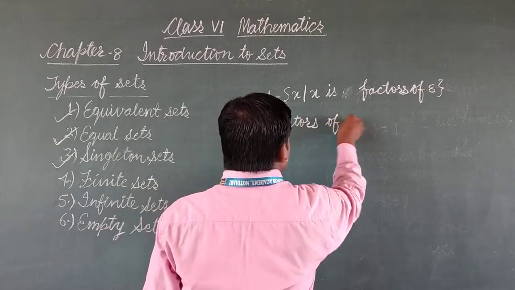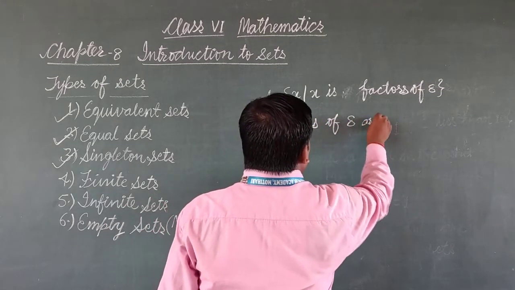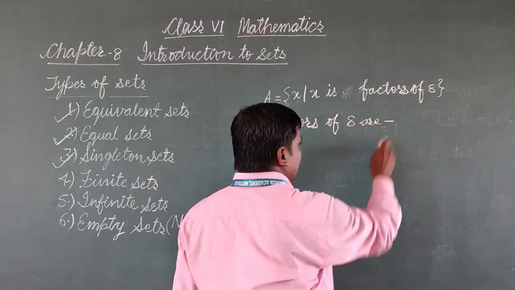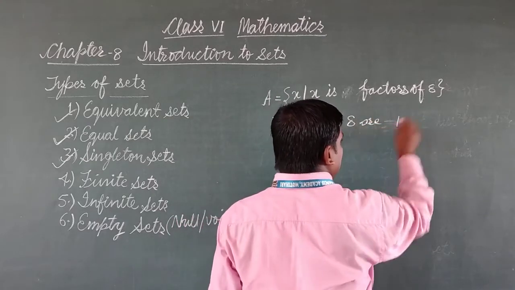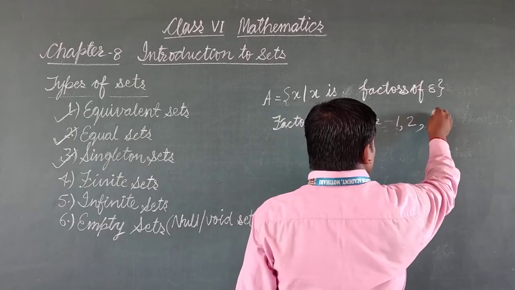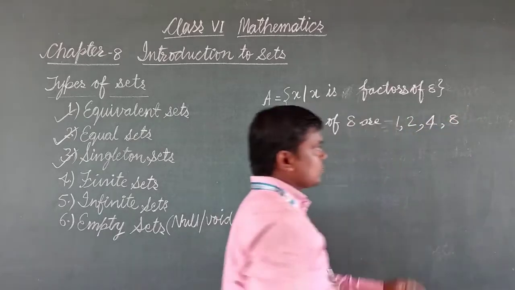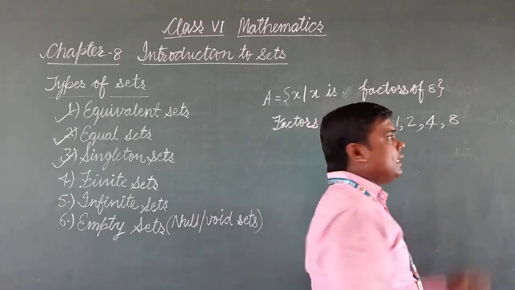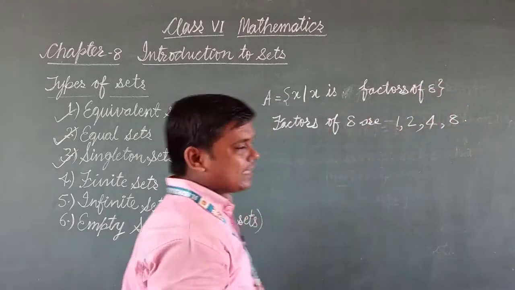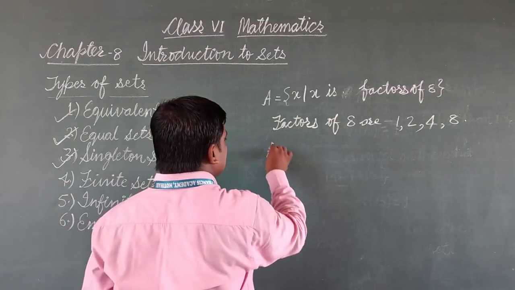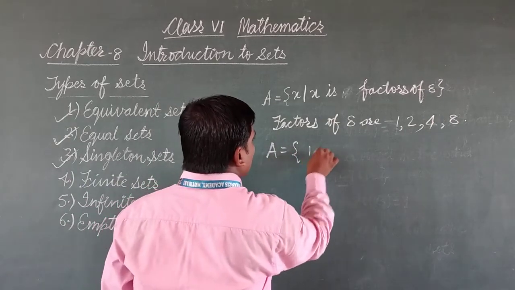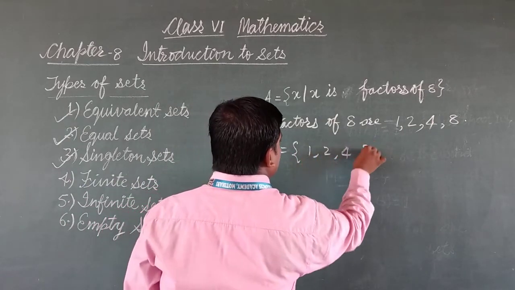Factors of 8 are 1 is a factor of 8, 2 also, 4 also, and 8 also. 1, 2, 4 and 8 are the factors of 8. And then set A become 1, 2, 4 and 8.